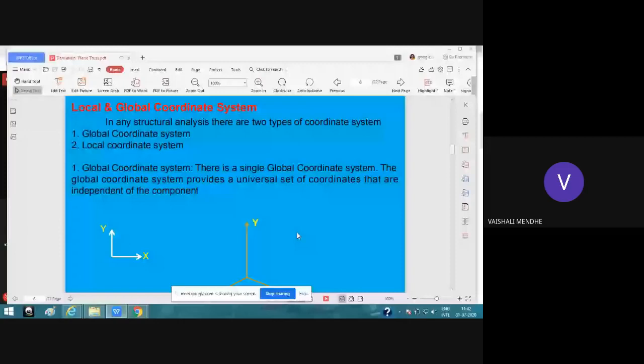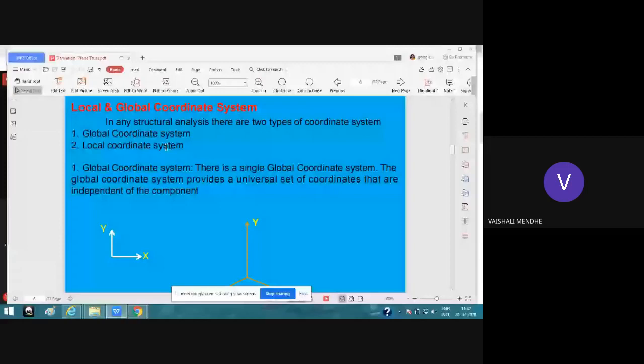In any structural analysis, there are two types of coordinate system. The first one is the global coordinate system, and the second is the local coordinate system.